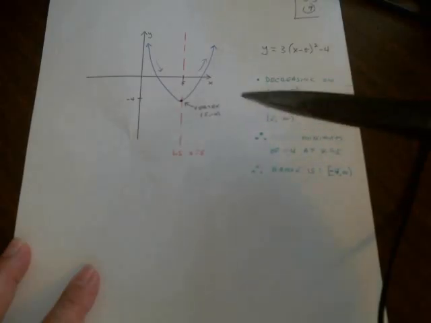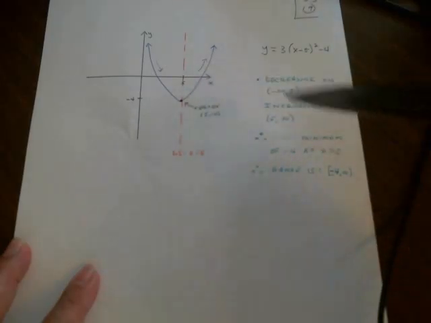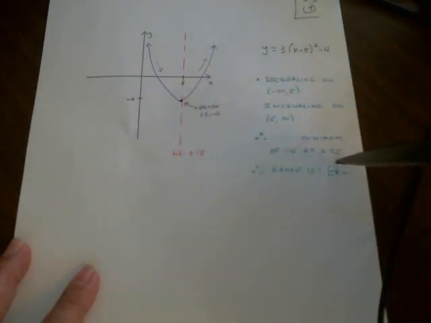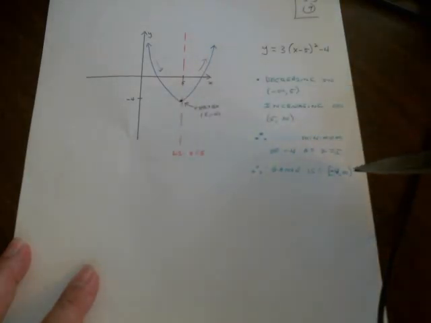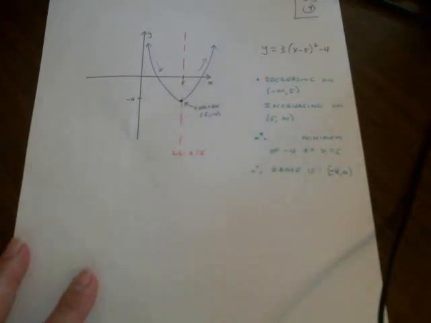The range will be negative 4 and everything above, including the number negative 4, since y equals negative 4 is a point on the graph, up to infinity. So there's a close connection between the range and the minimum or maximum value, and that all comes from your intervals of increasing or decreasing. It's actually very tidy. Maybe it takes some getting used to, but it's very tidy.